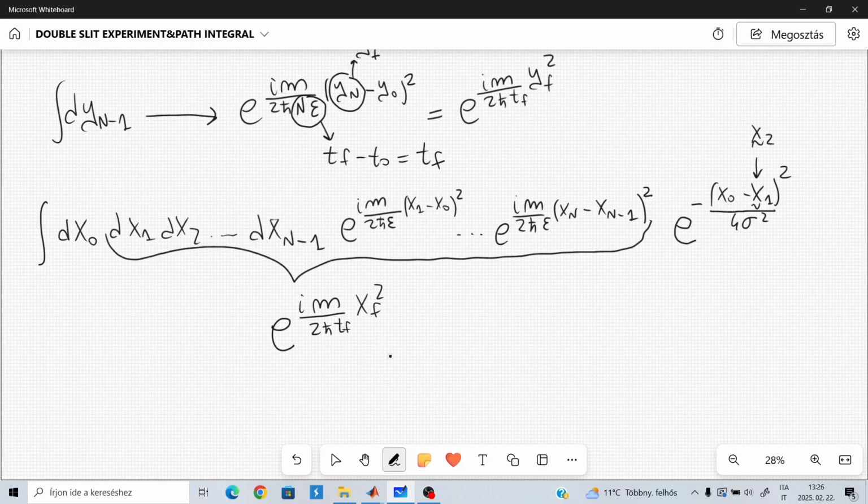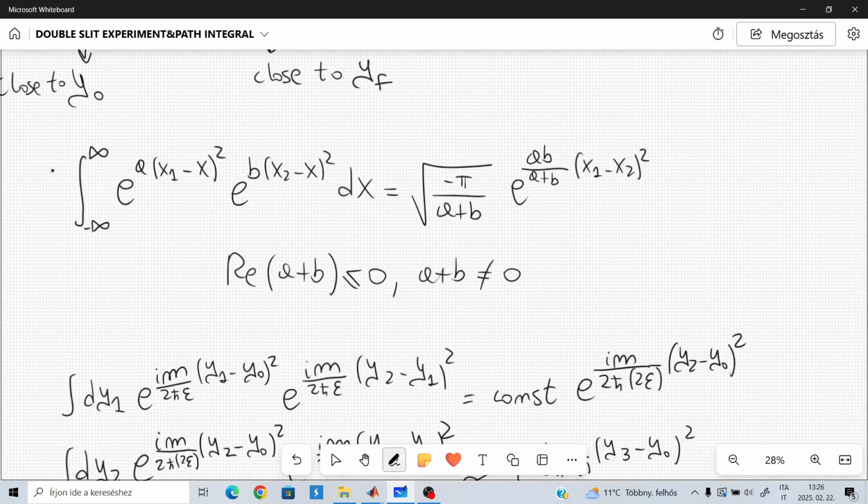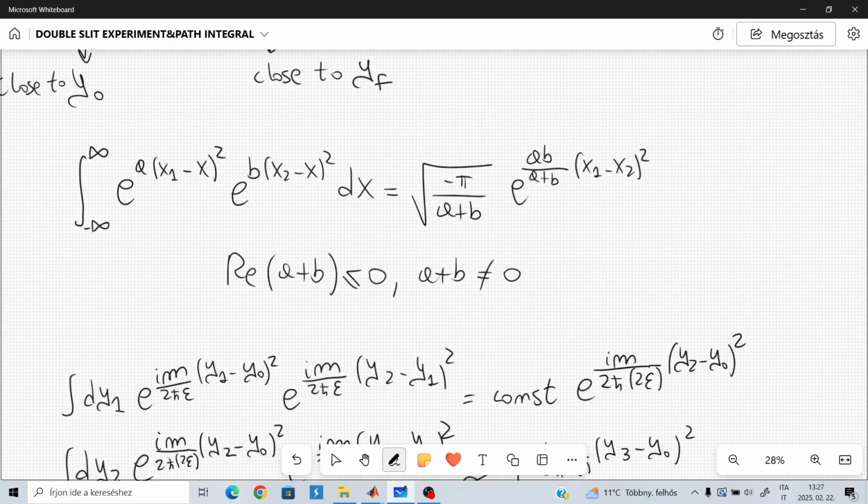There are conceptual differences between them, but when we integrate over x0, the integral is still in this form. If you check, the integral is still in this form, and therefore we know how to integrate that. We don't bother writing down this proportionality constant, we just want to write this factor here.